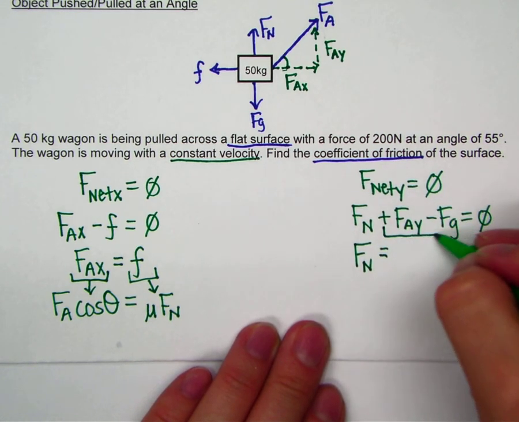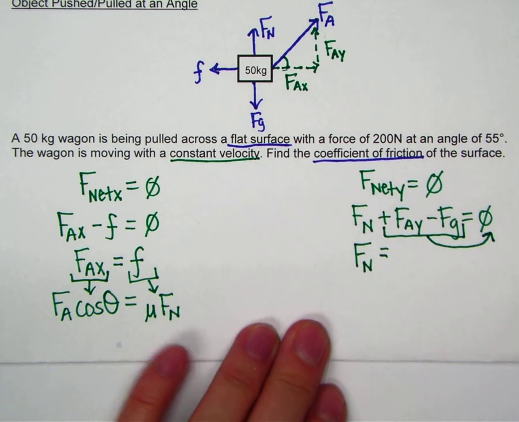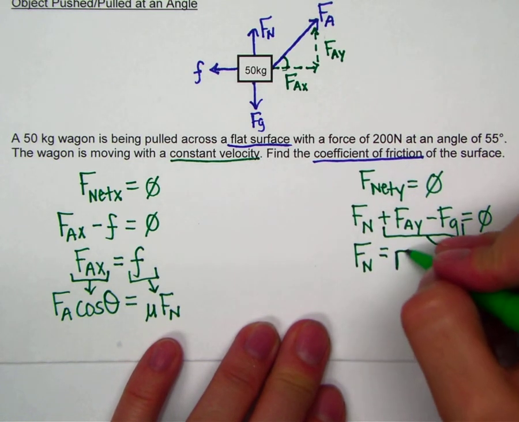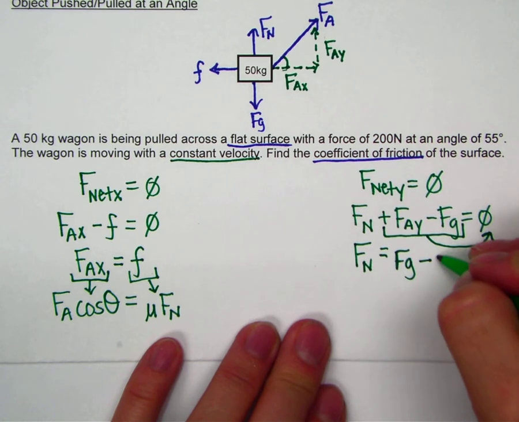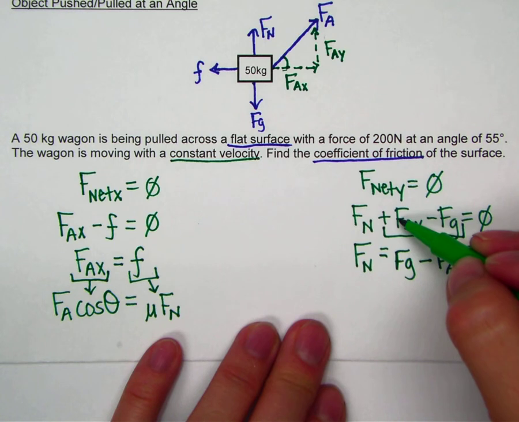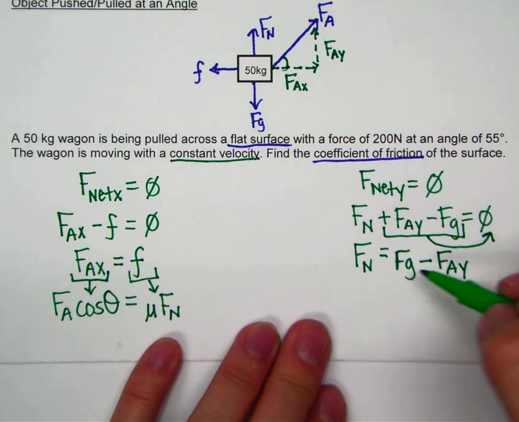We are going to take this portion of the equation and move it to the other side of the equal sign. We then get Fg minus FAY. This is positive on this side. When you move it to the other side, you do the opposite operation. Fg is negative. Move it to the other side, you get the opposite operation. So that's how you get positive Fg, negative FAY.